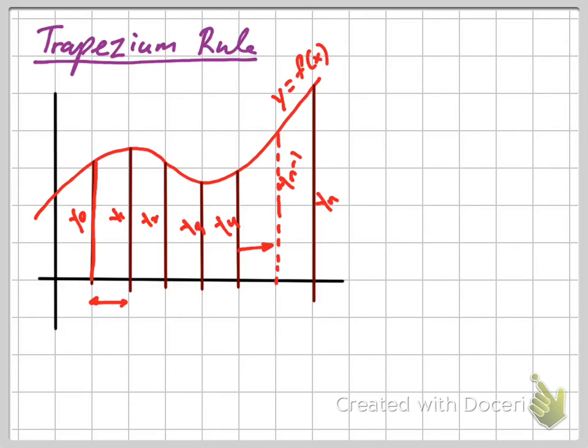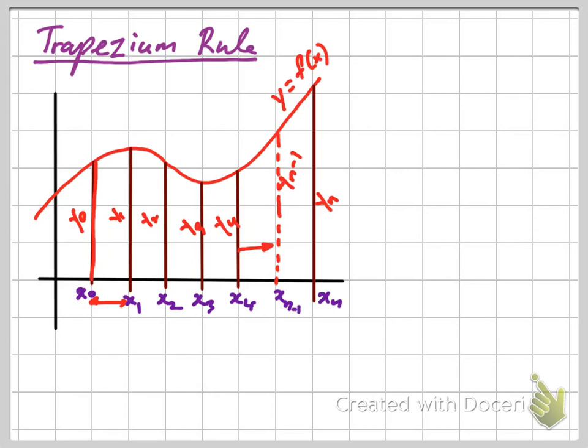So we've got x naught here. I'll just use a different color. So it's x naught, let's say x1, x2, x3, x4, and that'll be xn and xn minus 1.